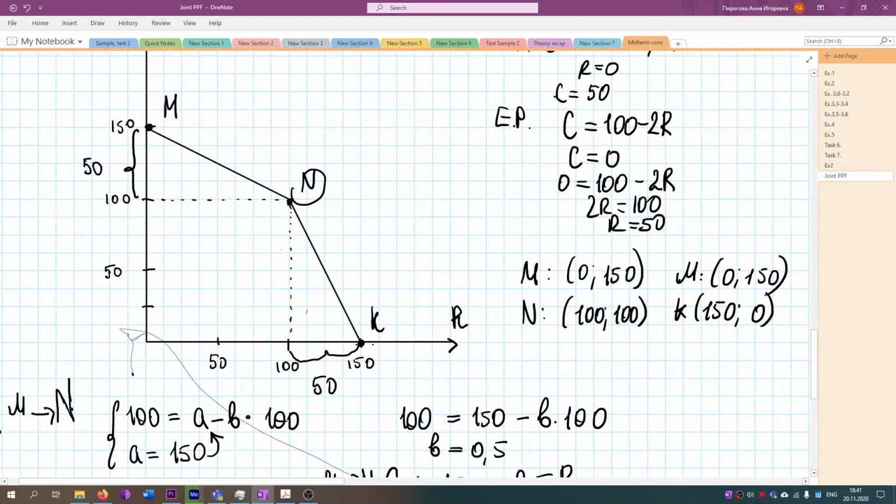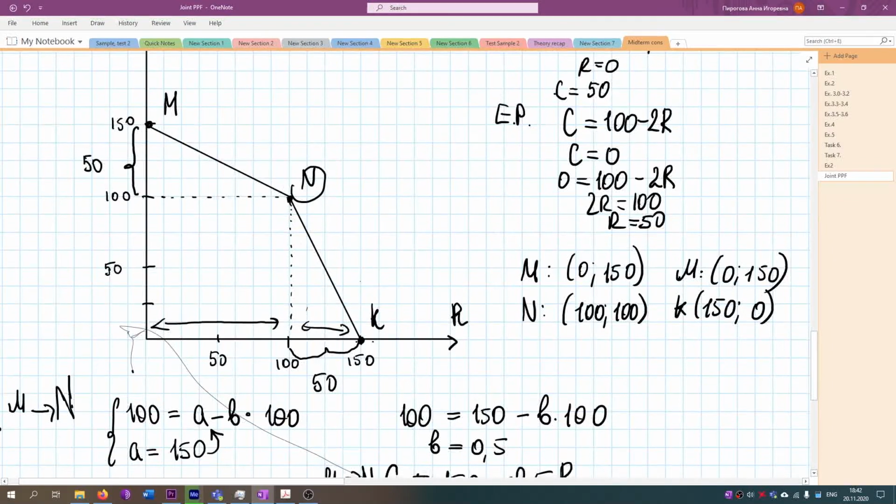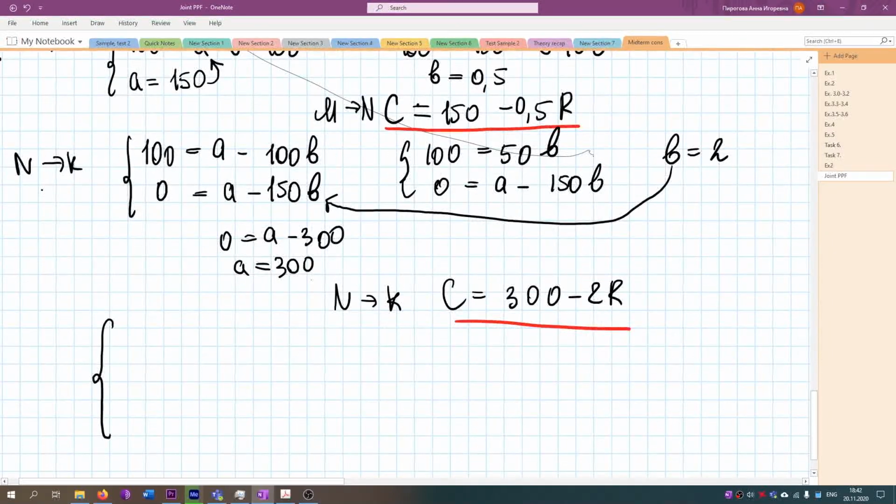In this case, from r equal to 0 through this period our first line will be drawn on the graph, and from r equal to 100 to r equal to 150, our second line from N to K will be in the system.